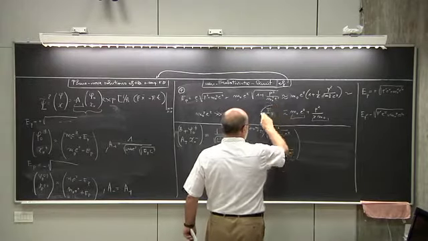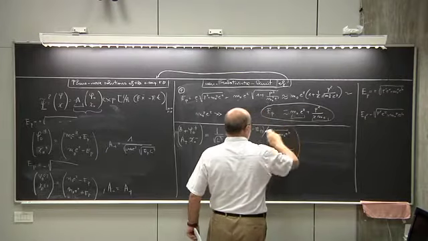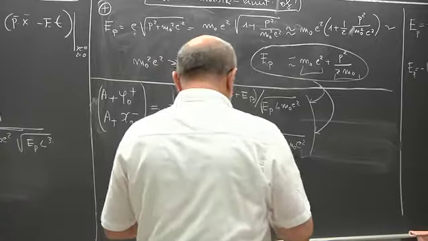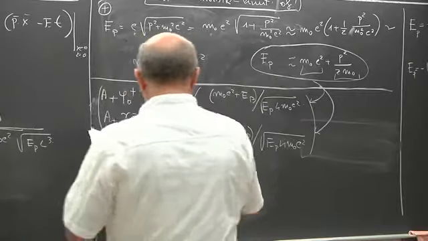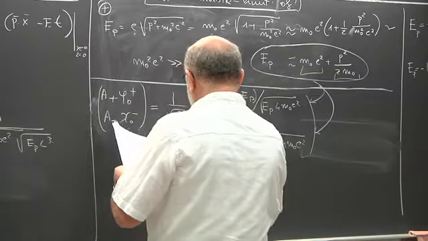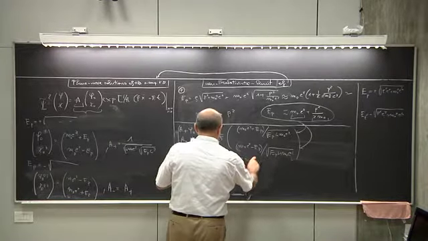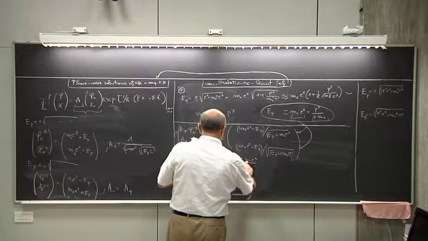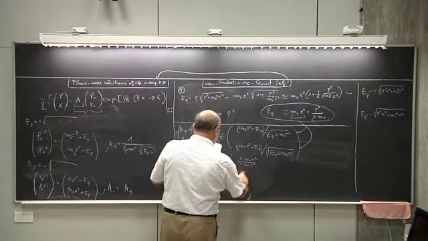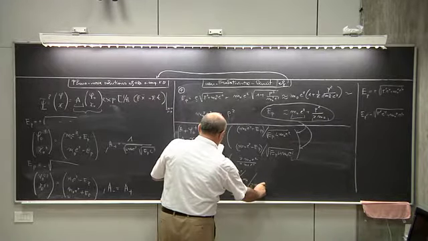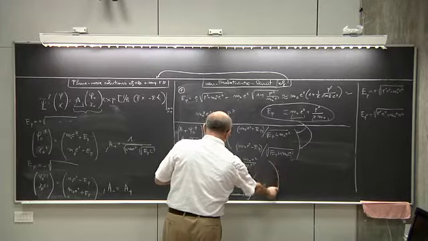So let's insert this expression here and here. Every time I get EP, I get that. Then I get 1 over square root of L cube, 2m0 c square over 2m0 c square minus p square over 2m0 c square.